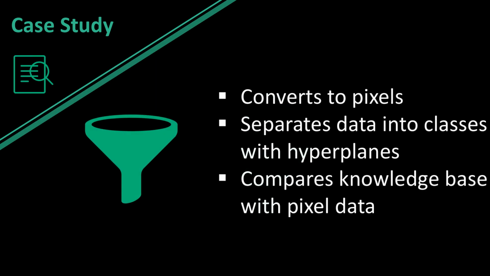Well, let's look inside of it, and we're going to see that there are a number of processes. The first thing that it does is it converts that 9 into pixels. And we're going to look and see what that actually means. But essentially what it does is it creates a picture of that 9, and then it creates a number of very small little boxes so that it can understand if there is handwriting in one of the boxes or if there isn't.